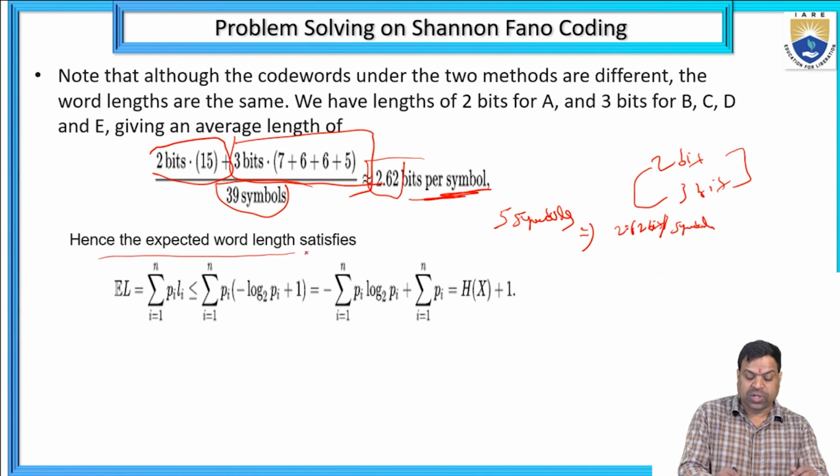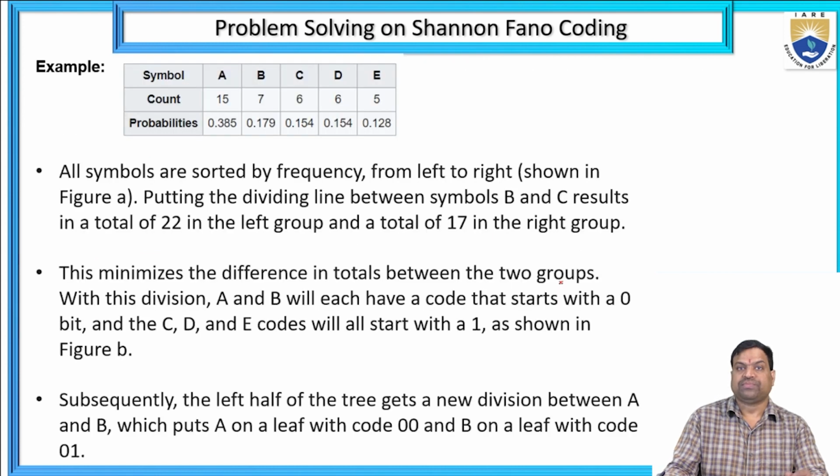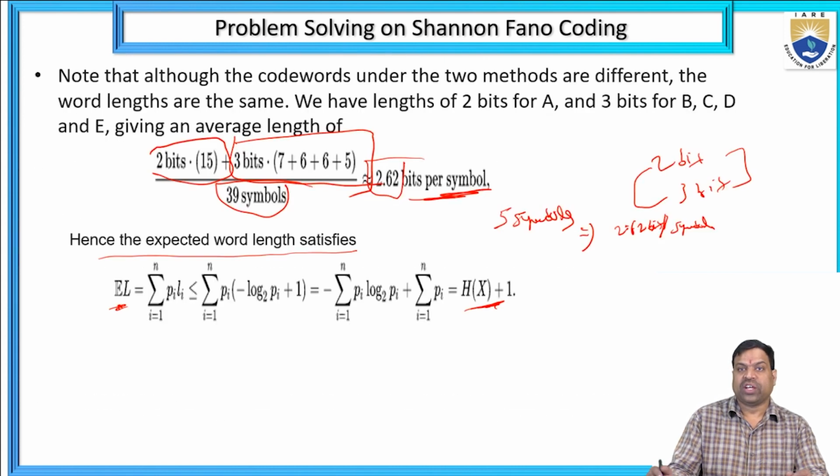So the expected word length EL equals the summation from i equal to 1 to n of Pi into Li, which is less than or equal to the summation of Pi times minus log base 2 of Pi plus 1, equal to minus the summation of Pi log Pi base 2 plus 1, which is capital H of x plus 1. So what I got is 2.62 plus 1.